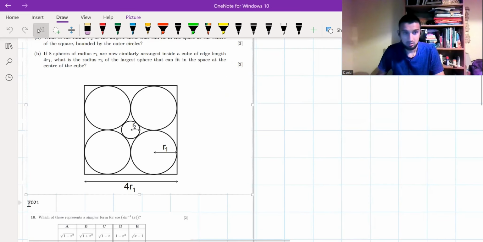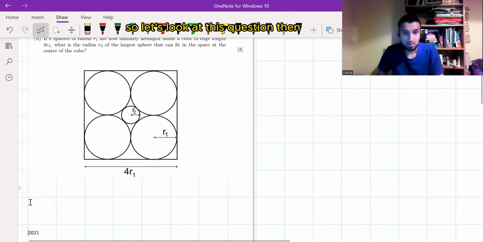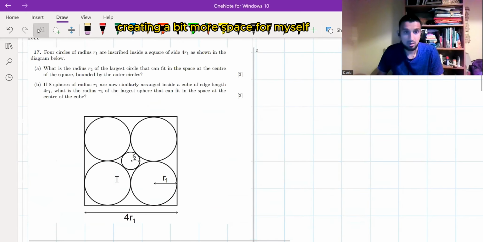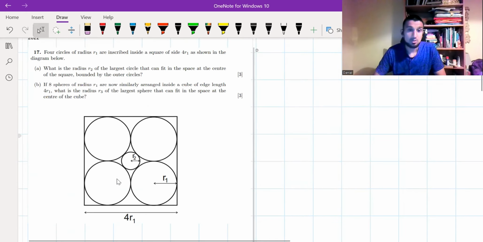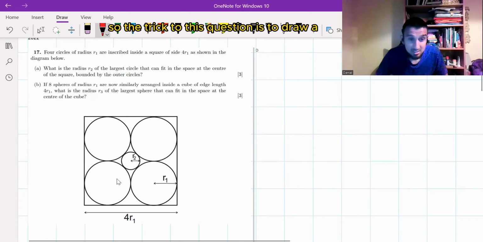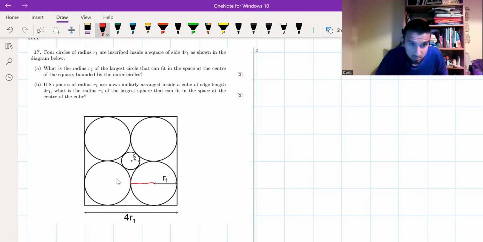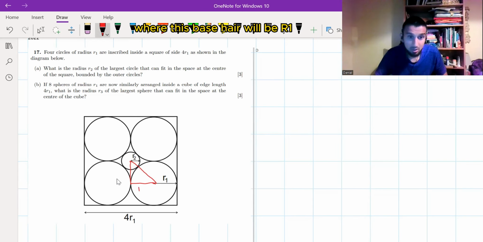Okay, so let's look at this question then. Creating a bit more space for myself. So the trick to this question is to draw a triangle like this, where this base here will be R1 because that is the radius of that large circle.